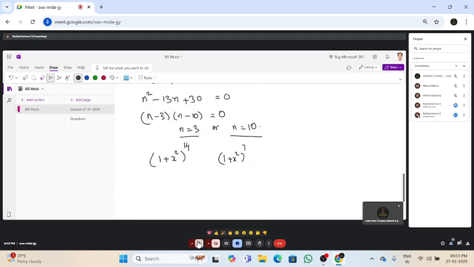So now we are talking about this expansion or this expansion. Okay. So now we don't know which one. Both can be correct.